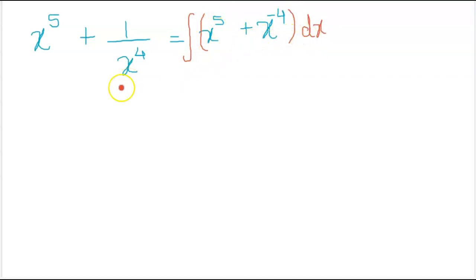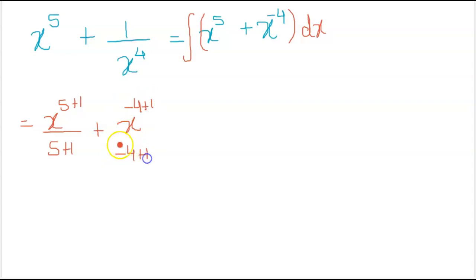So when you integrate this one, this will become x to the 5 plus 1 over 5 plus 1, plus that becomes x to the minus 4 plus 1 over minus 4 plus 1, obviously plus c. Now that will become x to the 6 over 6, plus x to the minus 3 over minus 3.